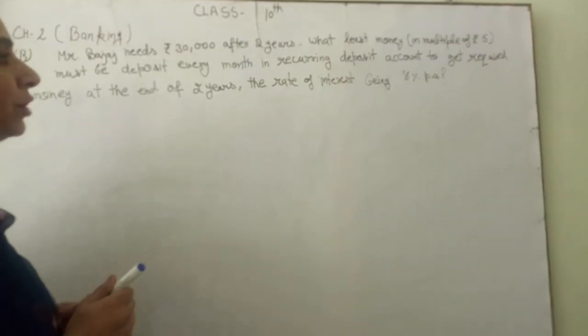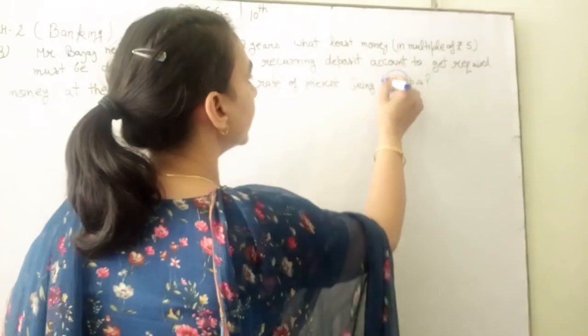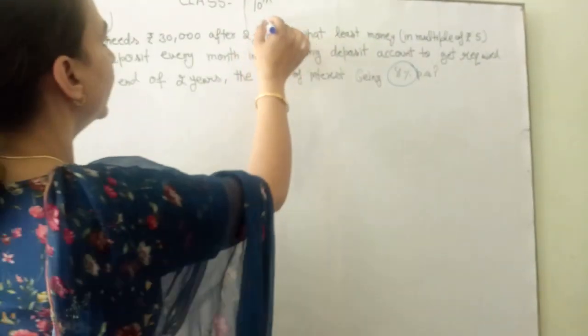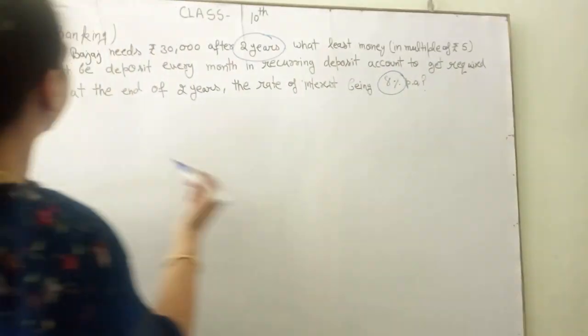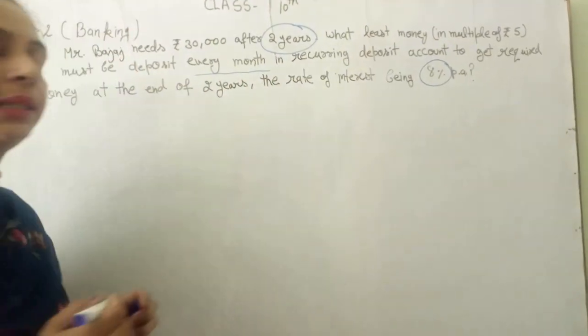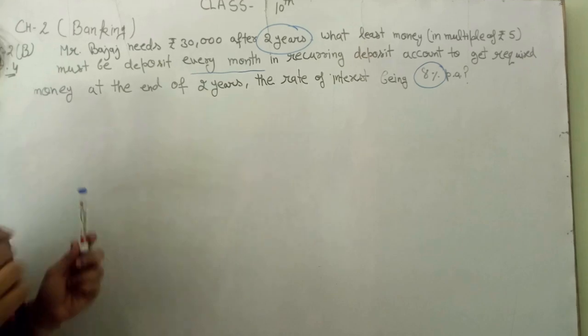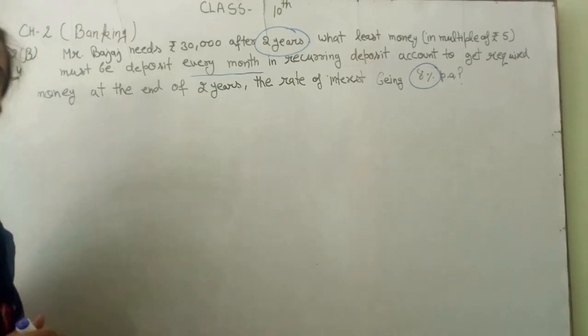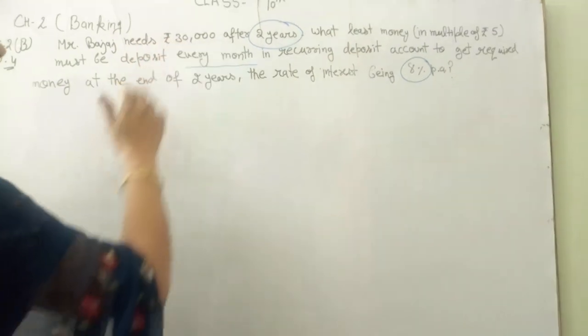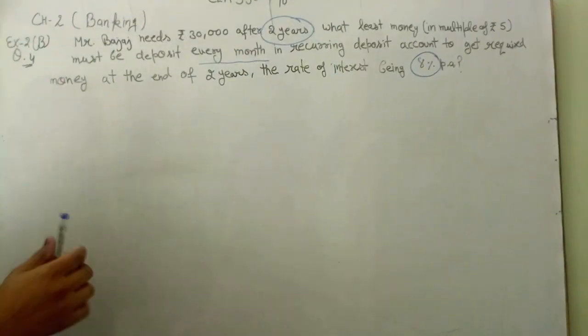Students, in this question the rate of interest is given as 8% and the time period is also given. We have to find what least money must be deposited every month, that means we find the monthly installment, that is P.